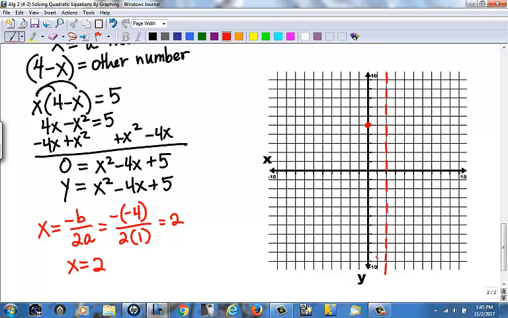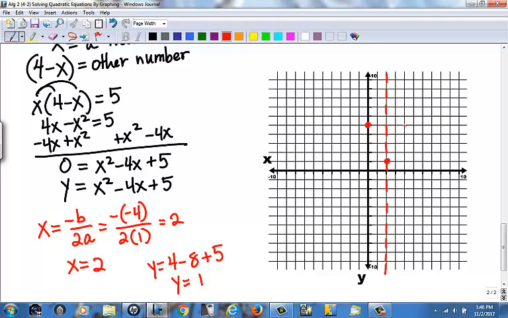Now sub 2 back into the original. Can you do it by sight? 2 squared is 4, minus 4 times 2 is 8, plus 5. So negative 4 plus 5 is 1. So our y value equals 1. If x is 2, y is 1. That's our vertex point.